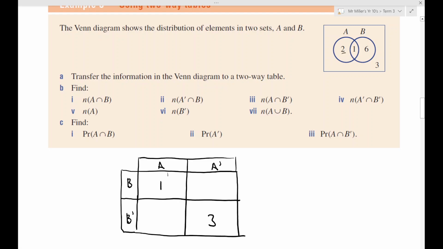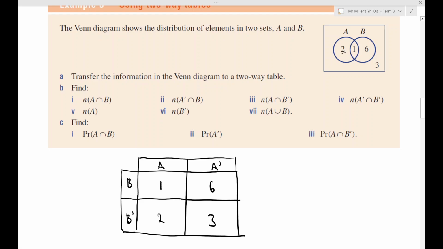So likes A but does not like B, or is an element of A but not an element of B, that's 2. And finally B but not A, that's 6. So we can just take all the information we found in here, chuck it into a two-way table. Completely different way to format this information, but it's the same information.